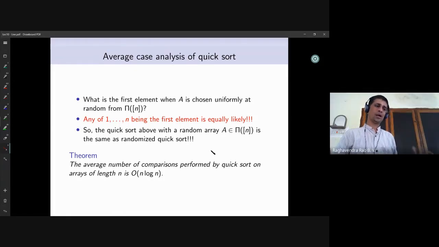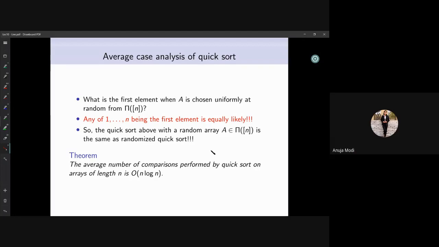In effect, for every input, randomized quicksort's performance will be equivalent to the average case performance because it's taking an average over all permutations. Expectation is nothing but average, expectation over the choice of pivots. But the choice of pivots is nothing but a permutation of the input. So randomized quicksort, irrespective of its input, basically randomly permutes the input.